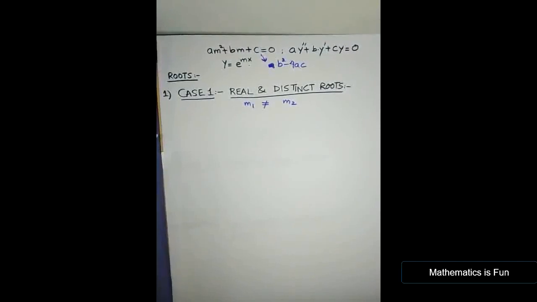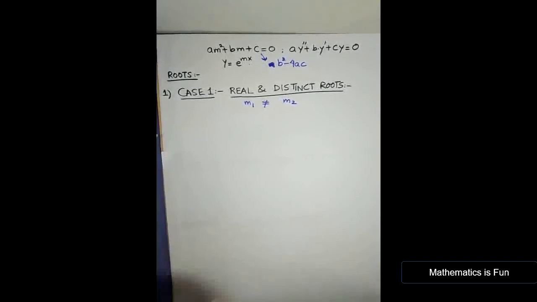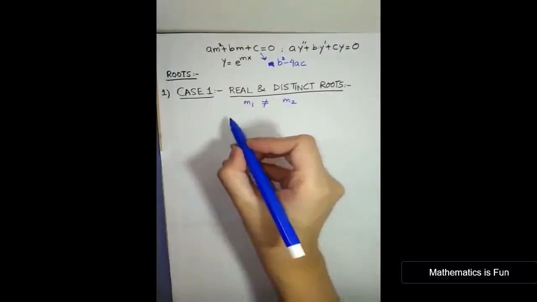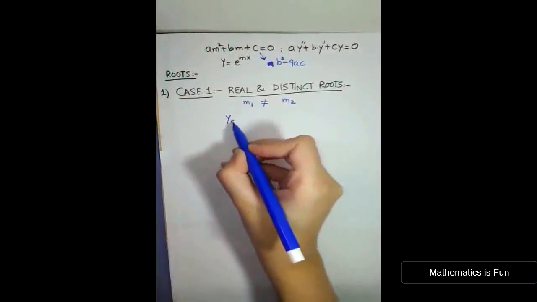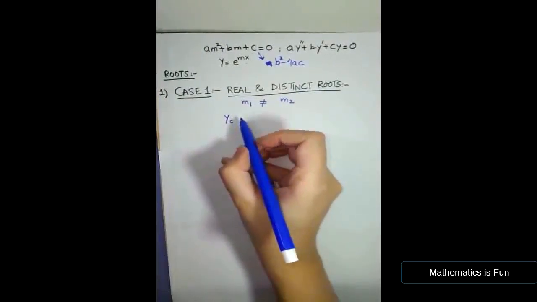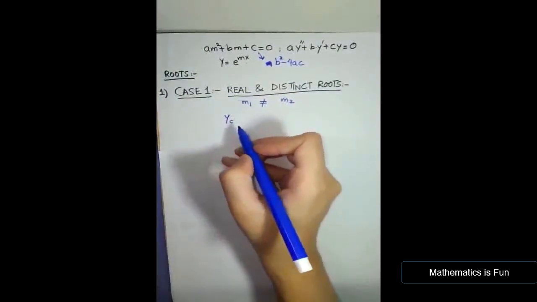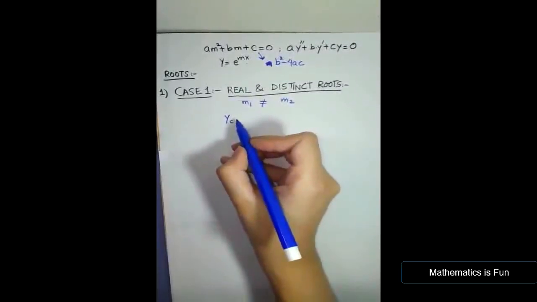So if these two are unequal roots, then what will be the solution? I'm not discussing all the story behind this general solution. You just have to look at the type of m1 and m2 and apply the general solution directly. Its general solution y c, that means complementary solution. Complementary is for the homogeneous type of higher order differential equation.